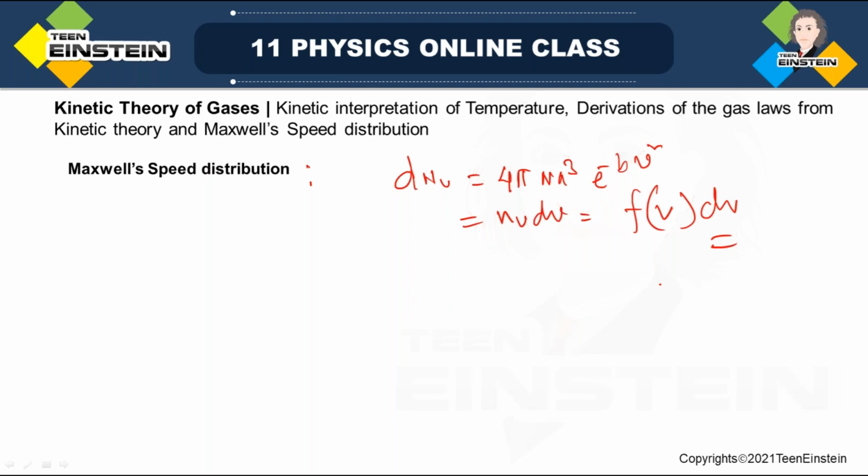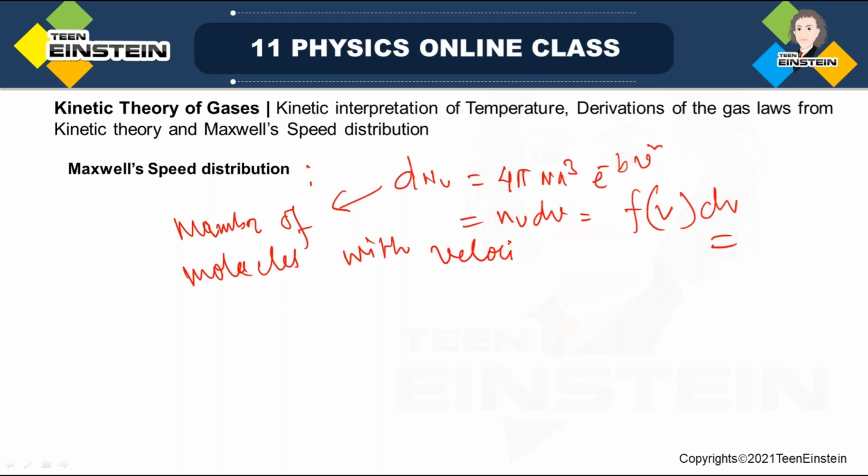What does this mean? This is the number of molecules with velocities between v and v plus dv.